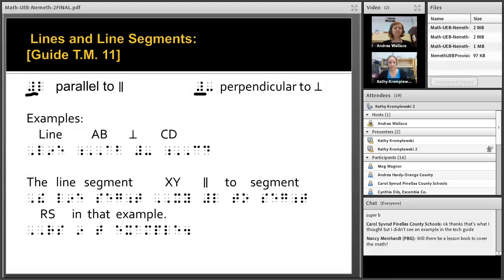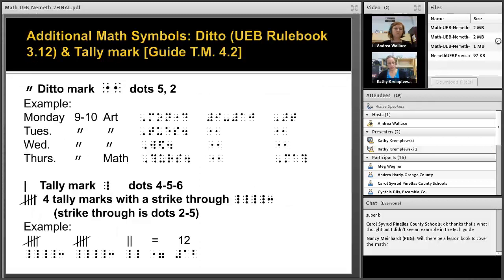And that's the big thing with UEB: you use the grade 1 indicator whenever something could be confused for something else. Then the line segment XY is parallel to line segment RS in that example. XY can't get confused, so you don't need it. The parallel symbol can't get confused with anything else, so you don't need a grade 1 indicator. And same thing with the perpendicular sign.